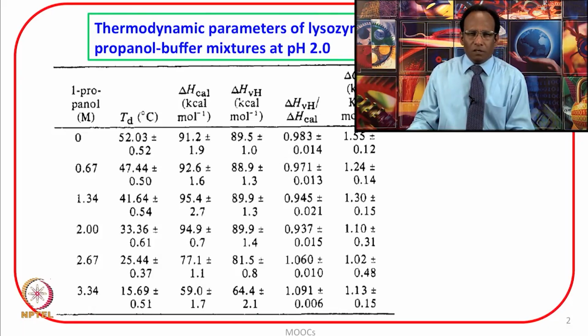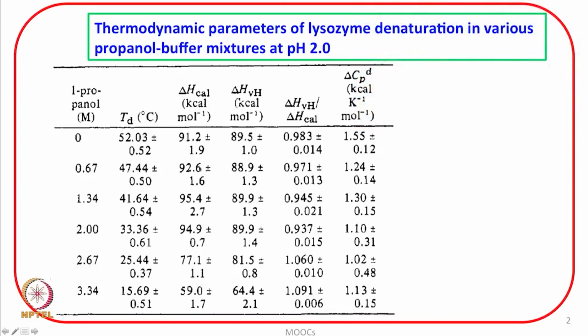There is a drop in the thermal transition temperature of the protein. And you see the calorimetric enthalpy is slightly increased over here rather than a decrease, there is a marginal increase in the calorimetric enthalpy.